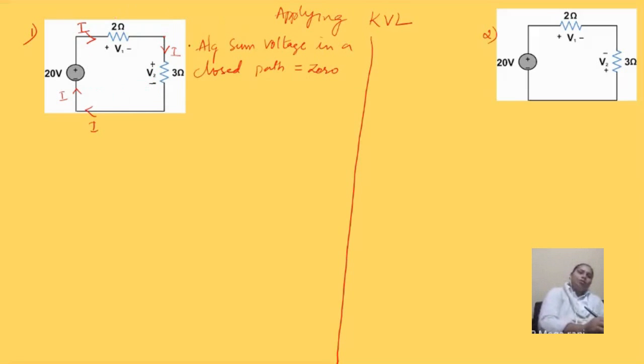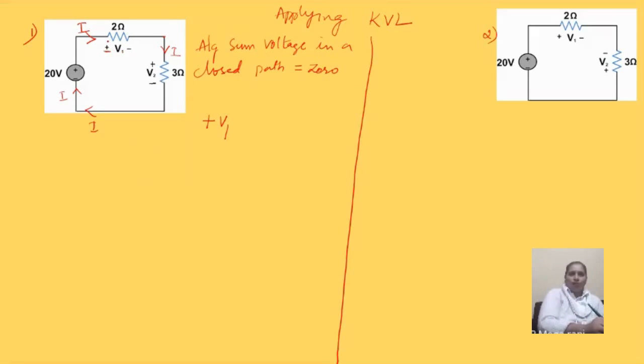So how are we going to write the equation for this closed path? We write it taking the sign of whichever terminal the current reaches first. For example, I am starting with the terminals here for V1. It is plus V1, because the terminal first reached by the current in the path is plus.